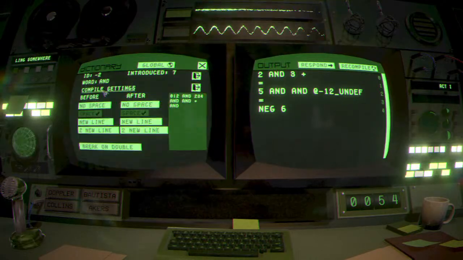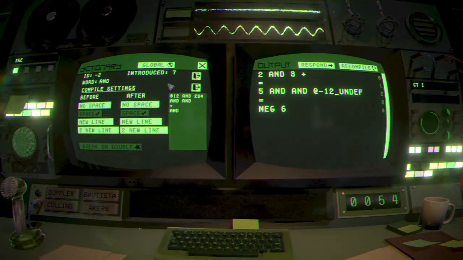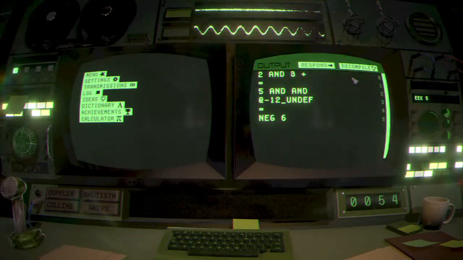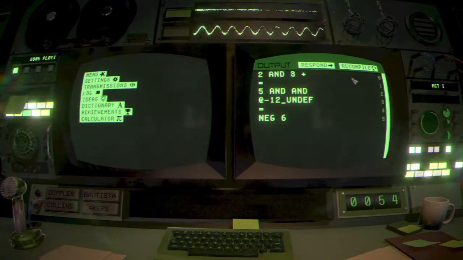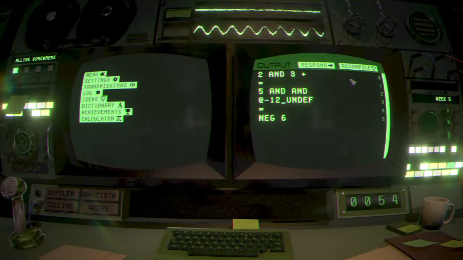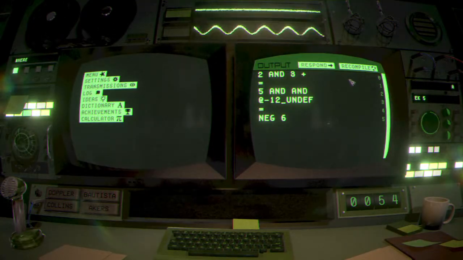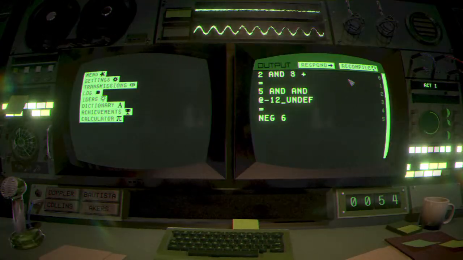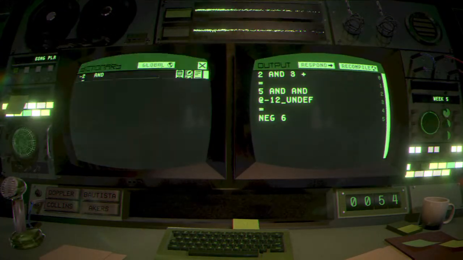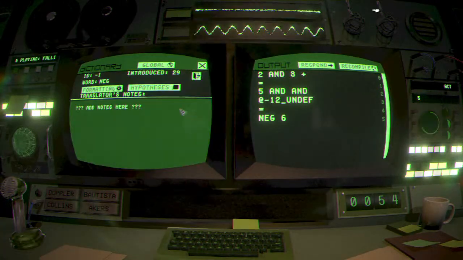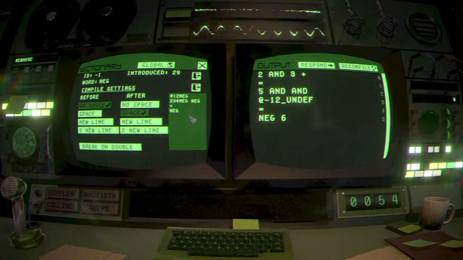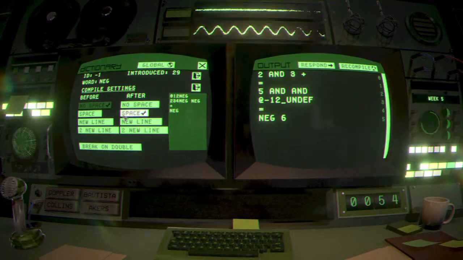Does that break on double thing? Yes. Let's do break on double. Compile. I'm confused about what happened here.